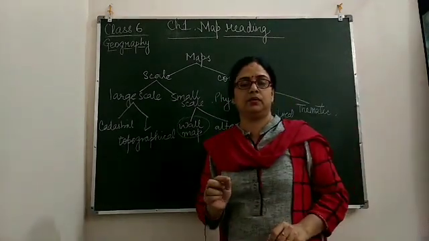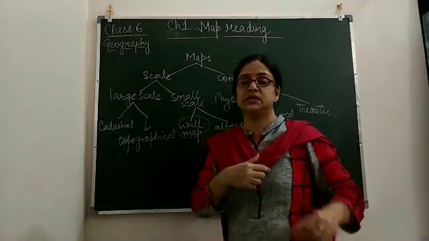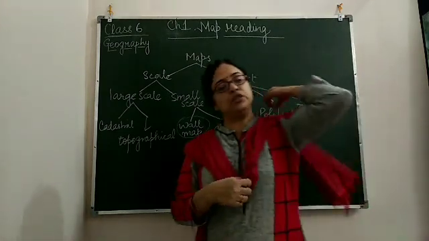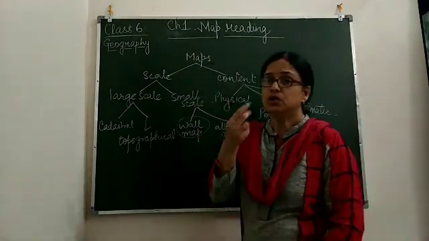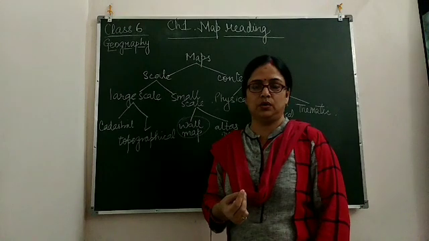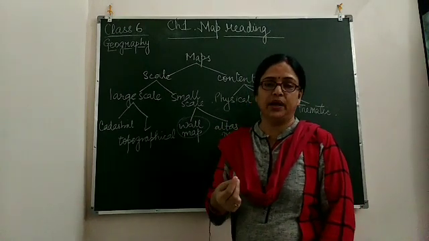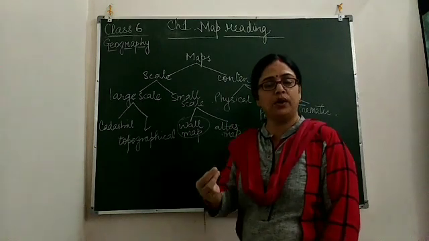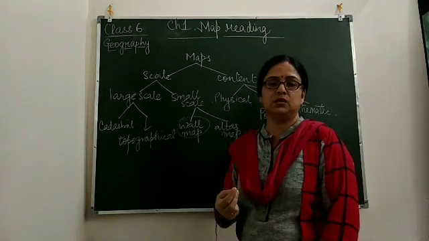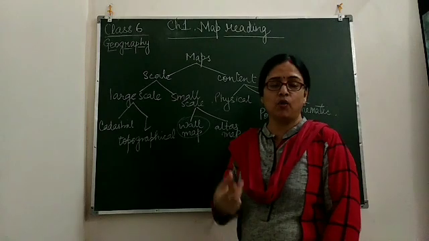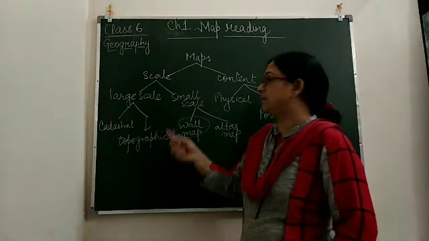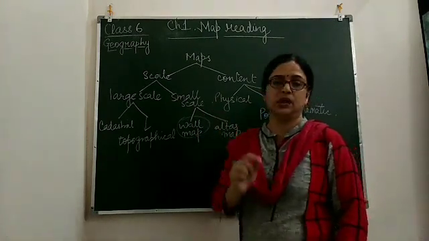A physical map represents the physical features of the ground. What are the geographical features of the ground? The landforms, the mountains, the relief features, mountains, plains, plateaus, the rivers, and water bodies are represented by the physical map.